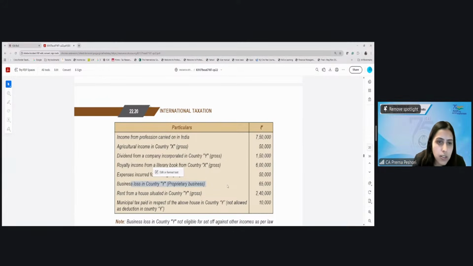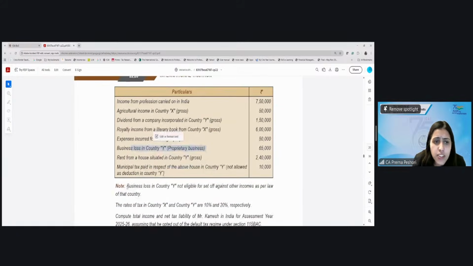Whether you will get this loss. Now what they have said, business loss in country Y not eligible for set off against other income as per the law of that country. Does it impact?